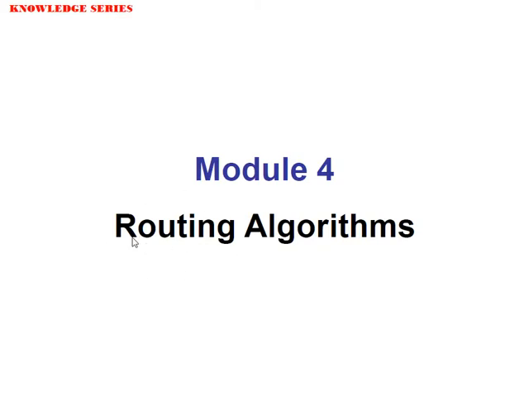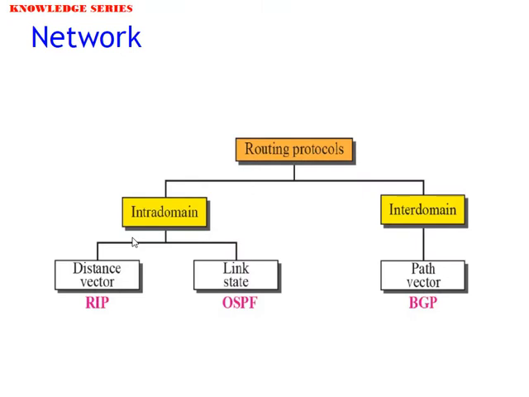Yesterday, with respect to routing algorithms, we have seen routing protocols. Under the routing protocols, different types of routing protocols were shown. There are two sections: one is the intra-domain section, another is the inter-domain section.